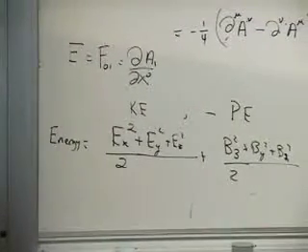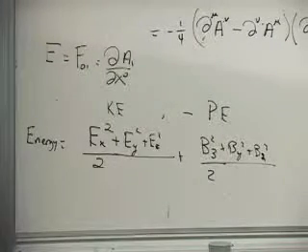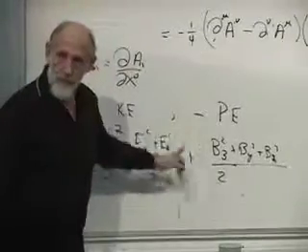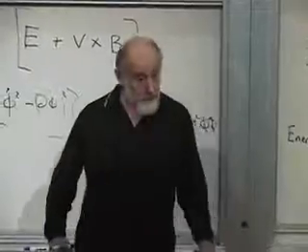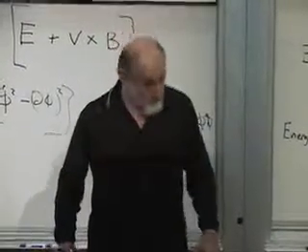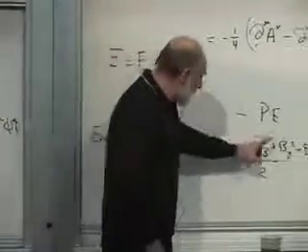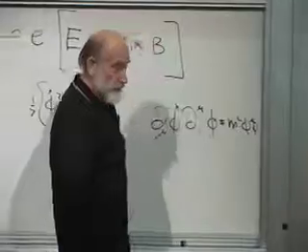If we go through the entire apparatus of classical mechanics, we would discover that the energy, the Hamiltonian, is this, and the Hamiltonian is conserved. It's a general principle. So this is energy and its conservation.